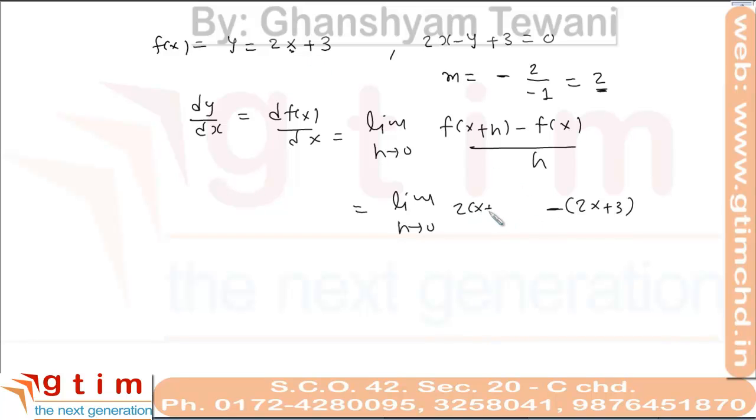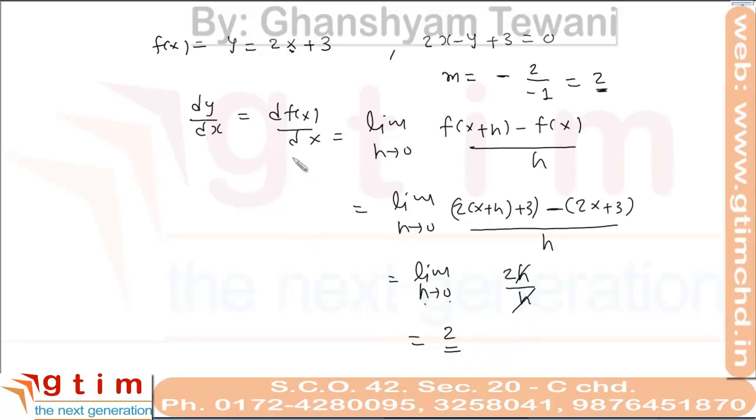So we get 2 times (x plus h) plus 3. If you simplify this, 2x and 3 get cancelled out. We are left with 2h upon h. We can cancel out h because h is approaching 0. h is not exactly 0. So we can cancel out h, which is in fact not 0. So this value is 2, which is constant.